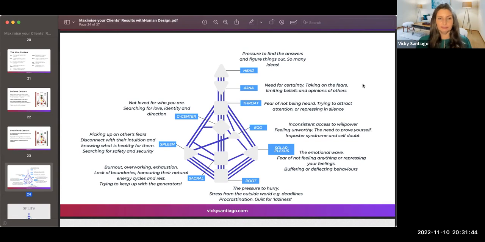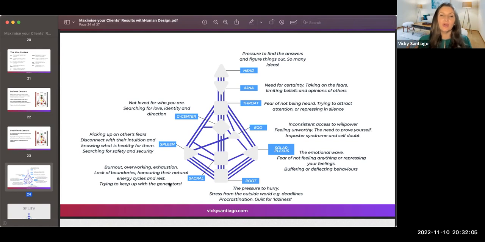All right, the sacral can lead to burnout, overworking, and exhaustion if you have an undefined sacral, because you're trying to keep up with the energizer bunnies in the world. Maybe you don't have that consistent access to your sacral, like you're a projector, for example.